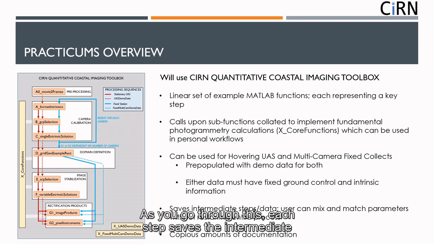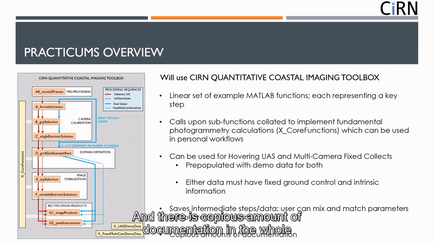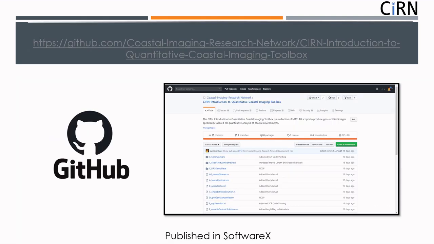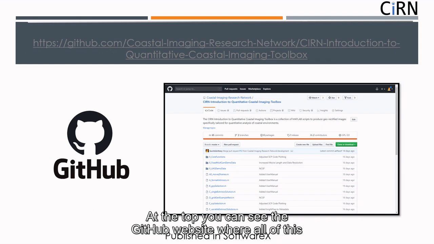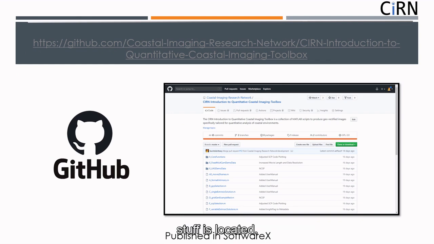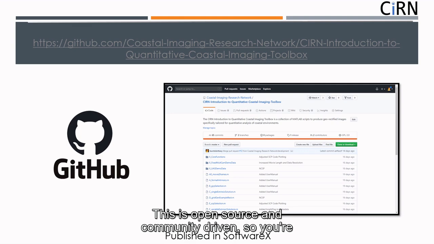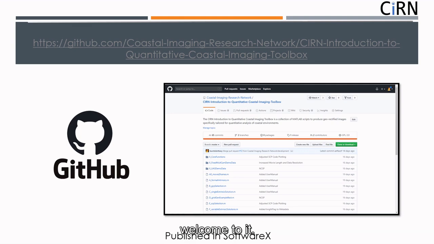As you go through this, each step saves the intermediate results so you can stop and restart without having to restart the whole process. And there is a copious amount of documentation in the whole thing. At the top, you can see the GitHub website where all of this stuff is located. This is open source and community driven, so you're welcome to it.